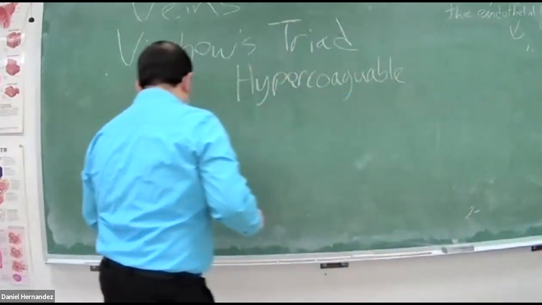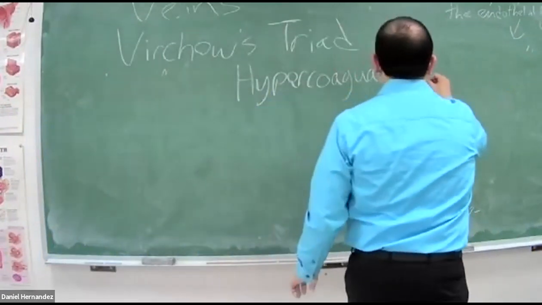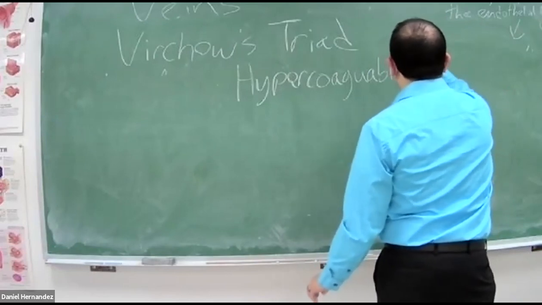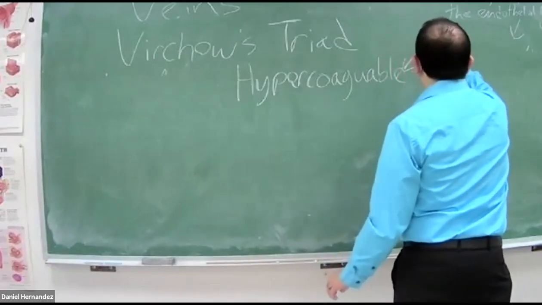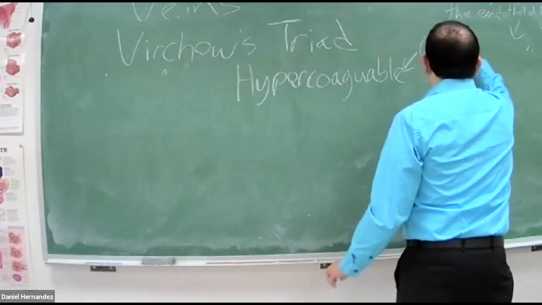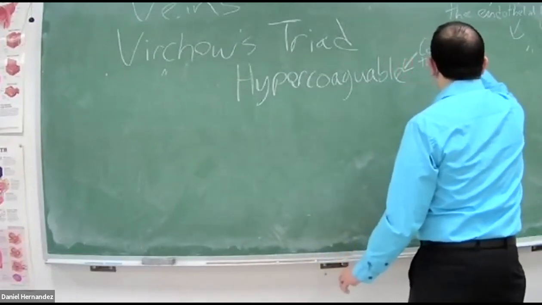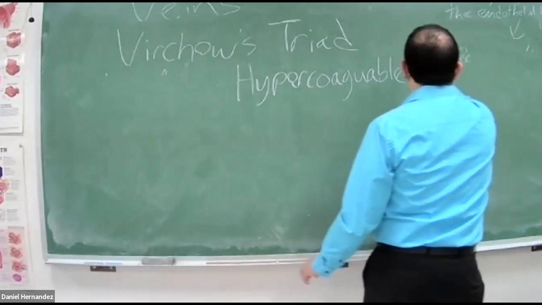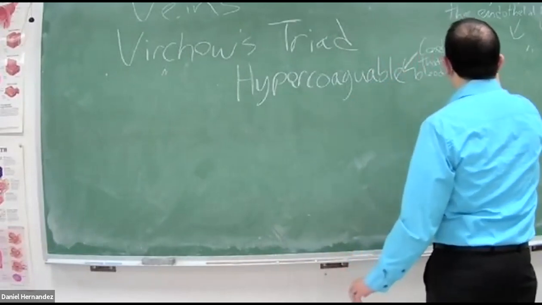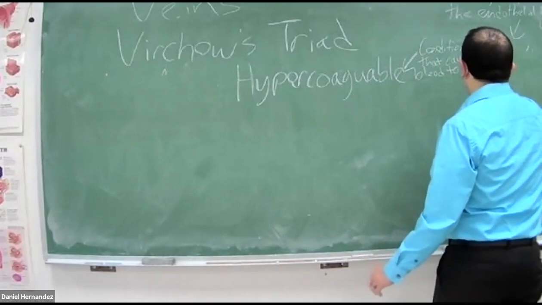And hypercoagulability. This is anything or any condition that causes blood to have a higher propensity for clotting.